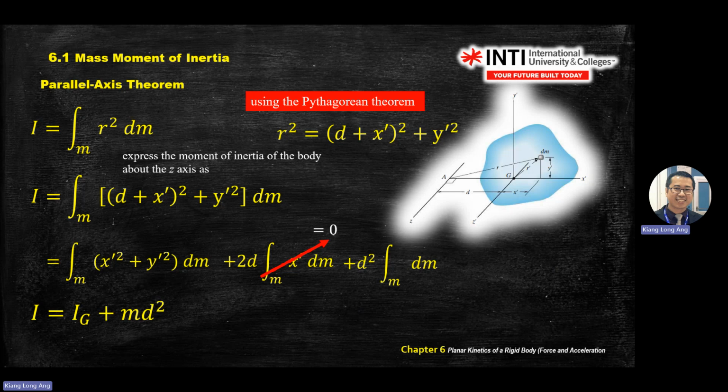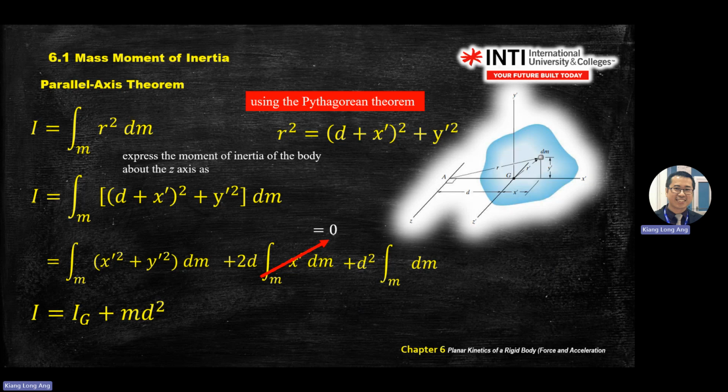So moment of inertia depends on where you find it. The difference from the general equation is that now you have two components: Ig from the center of mass, and md squared from a distance, or from the observer.